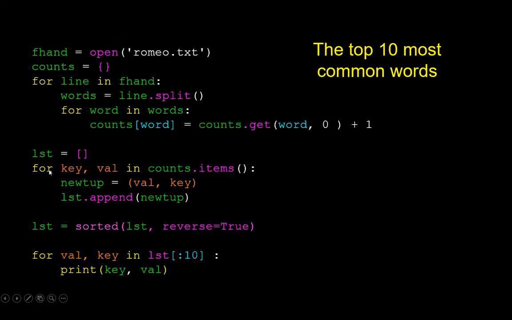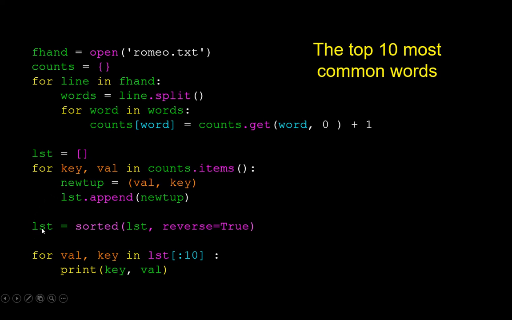So this was our dictionary. This would be our list with the tuples of the dictionary that we had, with the reverse order, values and keys.